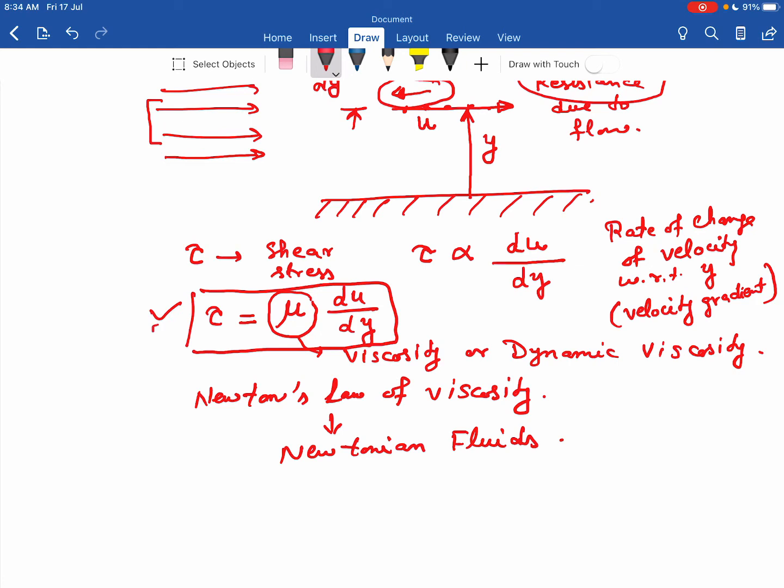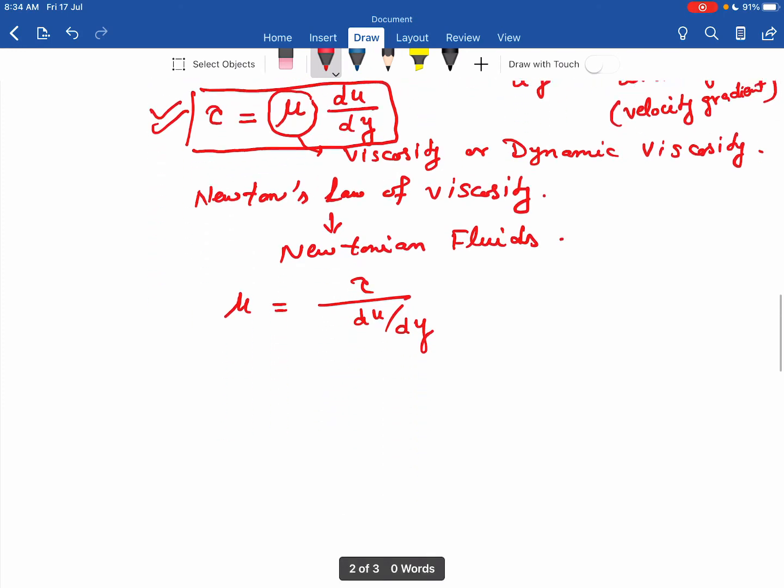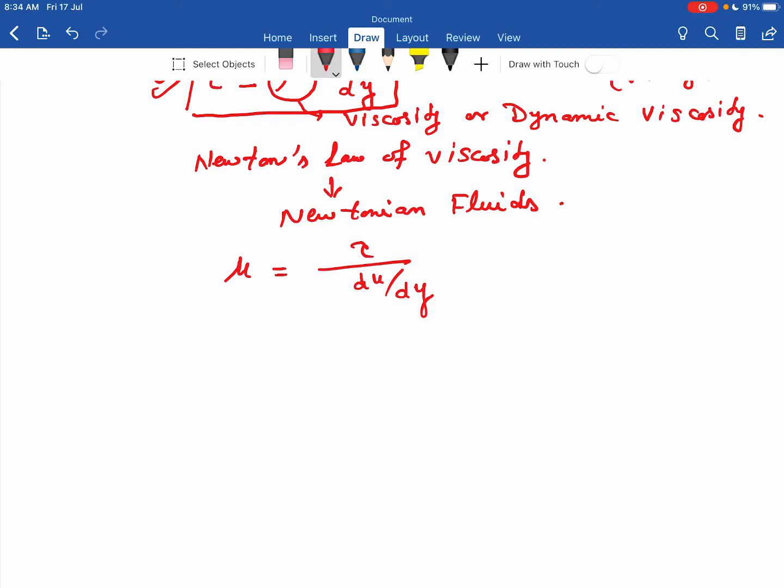From this relation, you can write mu is equal to tau divided by du by dy. Now say we consider a vertical element dy.